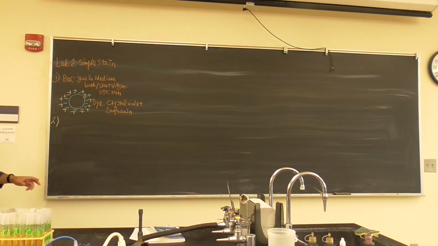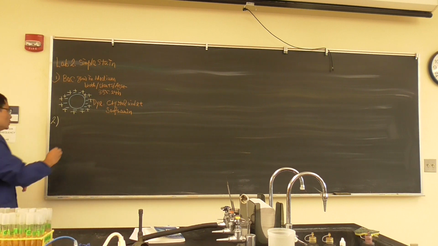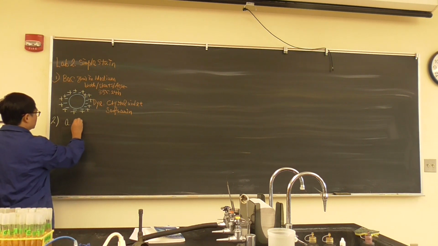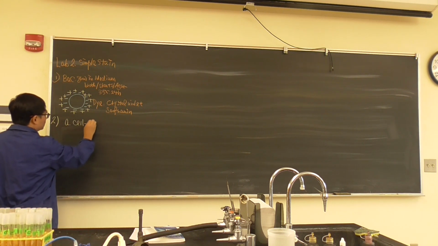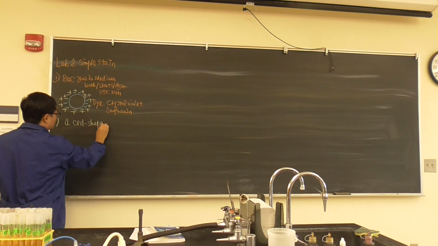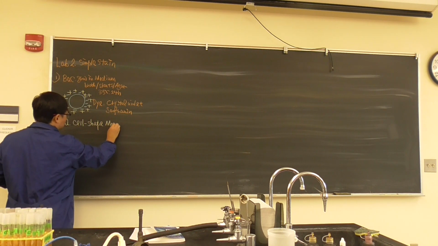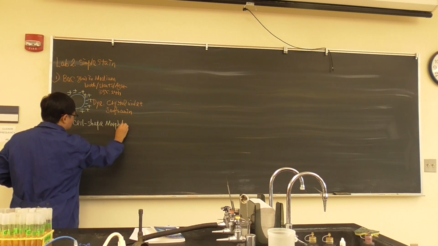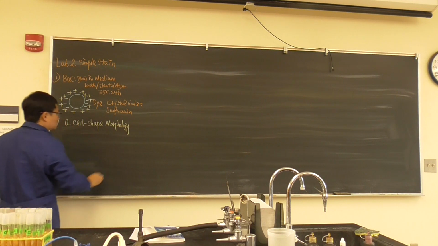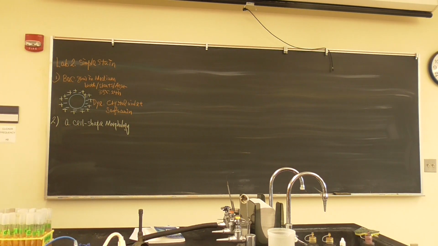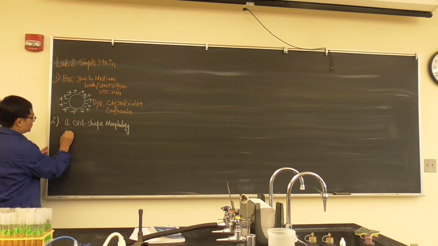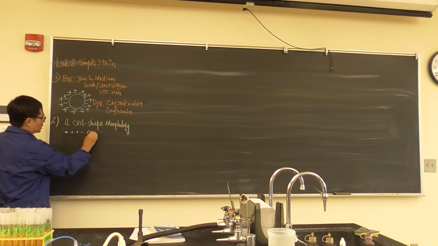Now, using the simple stain, what can we see? Number one is the cell shape. We call it morphology. What are the bacteria cells we could see? It could be like a circle, like this. We call it a coccus.